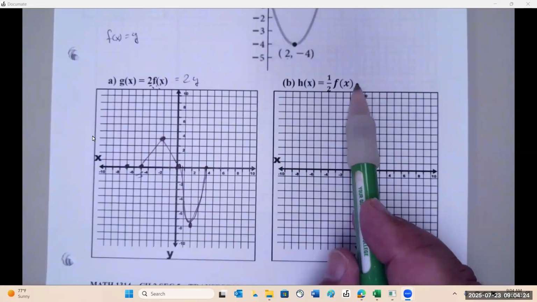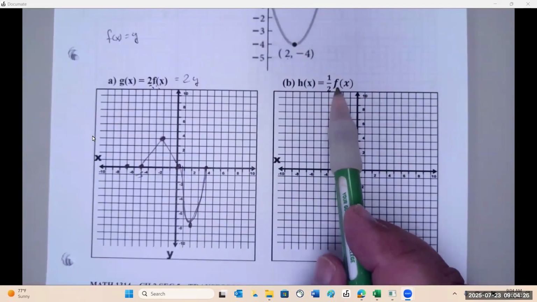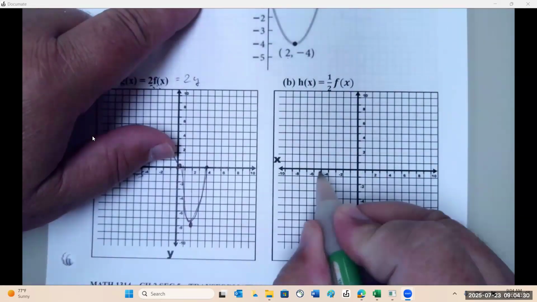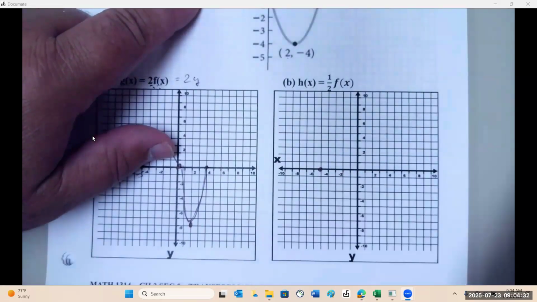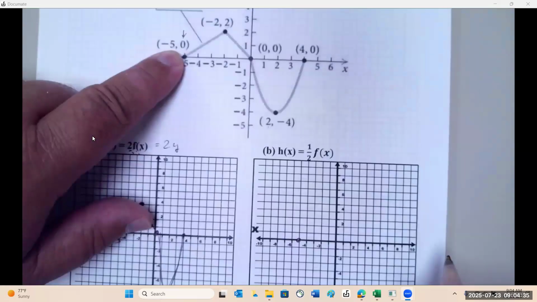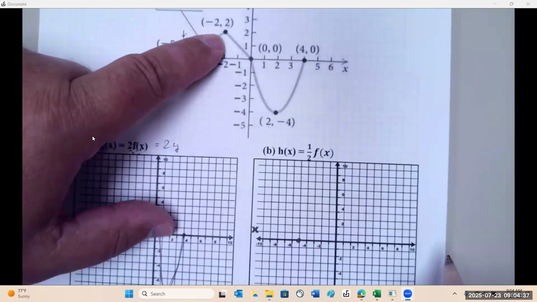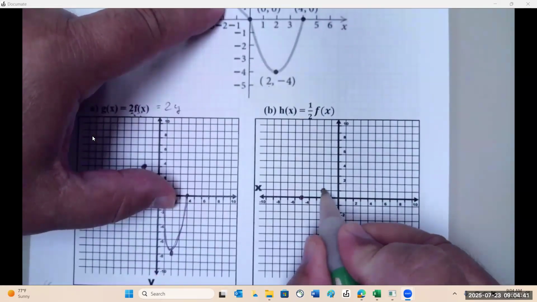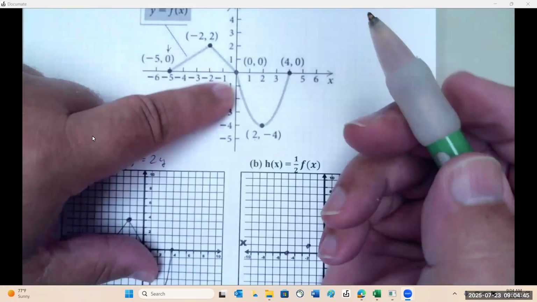Well, whatever my y value is, divided by 2. So my y value here is 0, so it just stays there. 0 divided by 2 is 0. The next one, at negative 2, 2, it now becomes negative 2, 1. Because I divide my y value by 2.